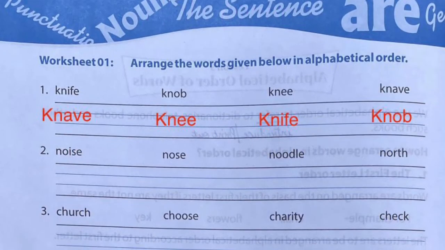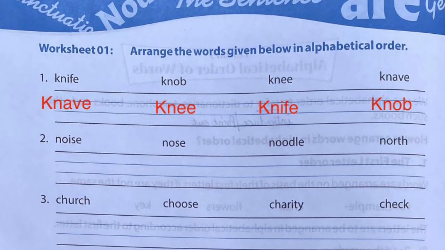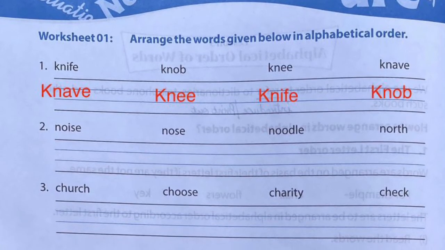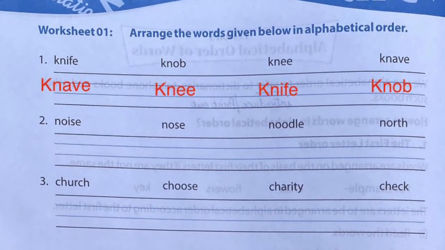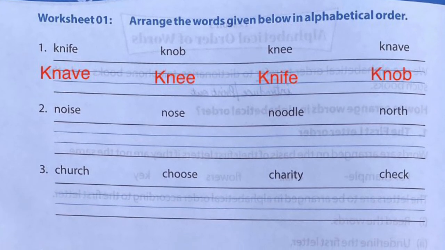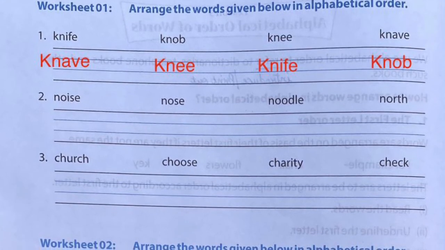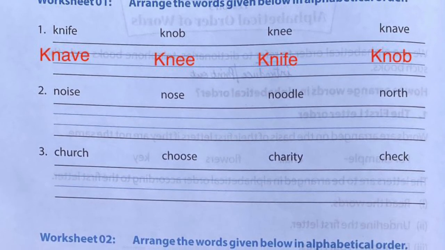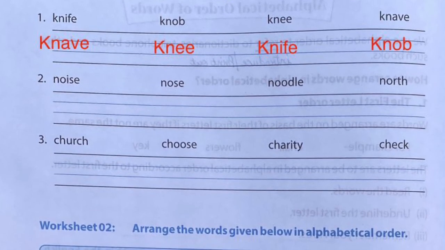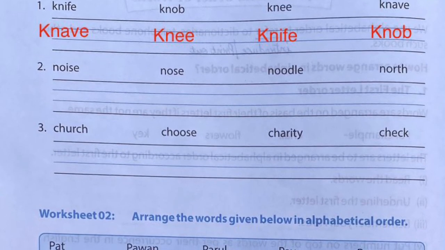Now turn to page number 26. I have solved one for you, and the other worksheets, 1 and 2, you have to solve by yourself. In the first worksheet, they have asked us to arrange the words given below in alphabetical order. The first one that I have solved for you: knife, knob, knee, and name.